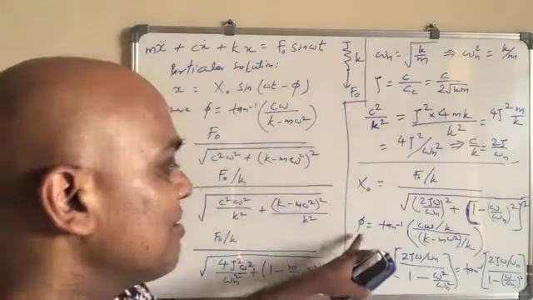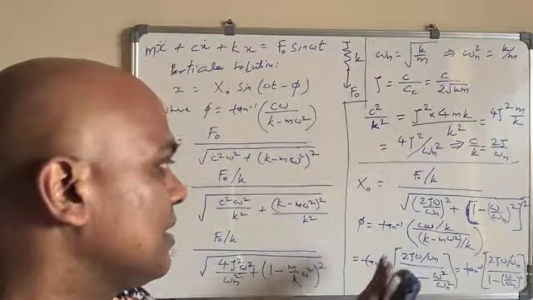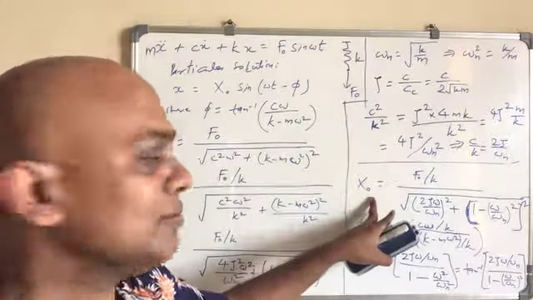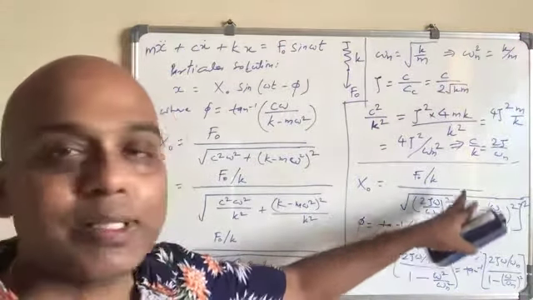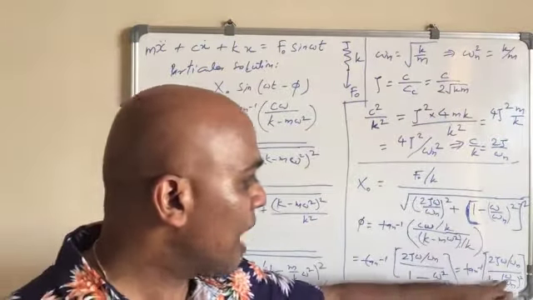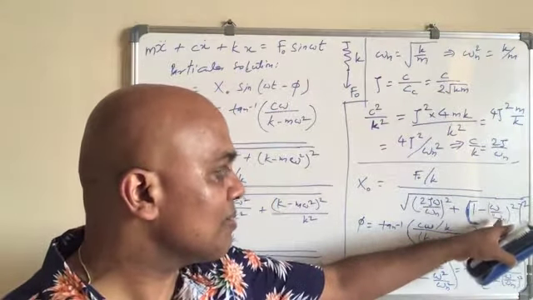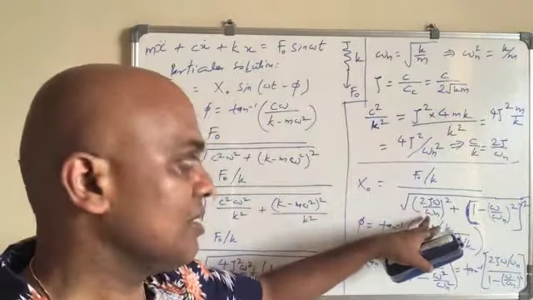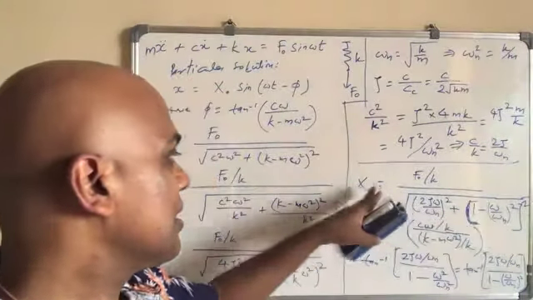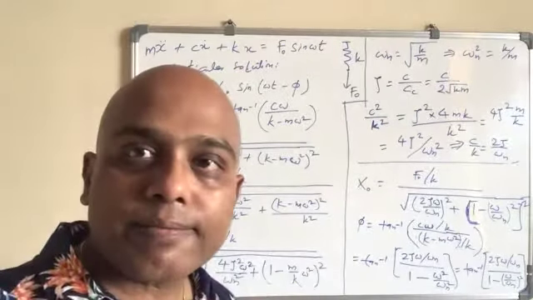What is the meaning here? Since this term becomes 0, x naught will be a very high value. Okay, so we analyzed that.